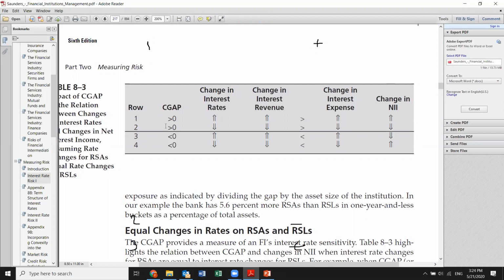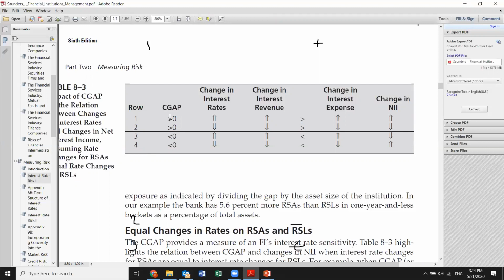If the cumulative gap is more than 0, positive, and the interest rate falls, that will bring changes in interest revenue down more than changes in interest expense. So that will bring your net interest income down.